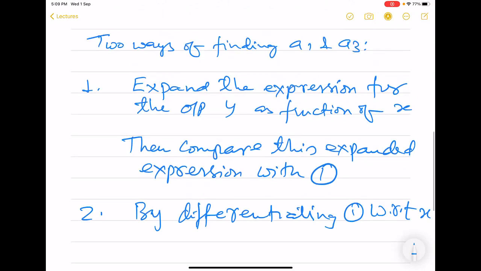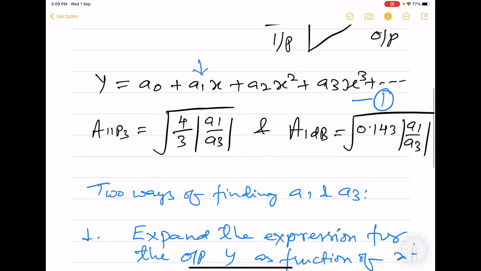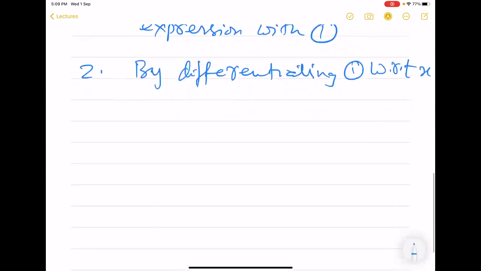So for example, if you want to find out this coefficient A1, then we can differentiate this equation 1 time with respect to x, and then set x equal to 0, so that the higher order terms become 0, and the lower order terms anyway become 0 because of the differentiation. So A1 will be given by the derivative of output with respect to x at x equal to 0.